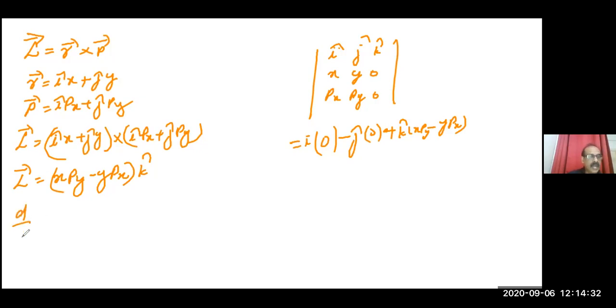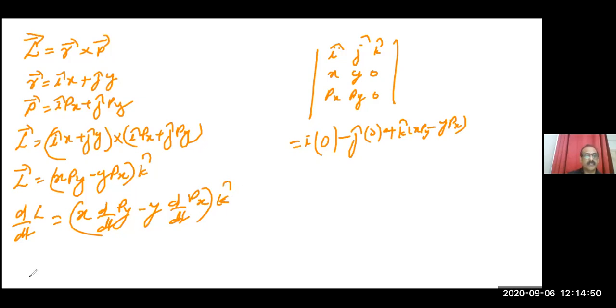Now dL by dt is equal to X into d by dt of Py, differentiating everywhere, minus Y into d by dt of Px, into K. This is a unit vector.